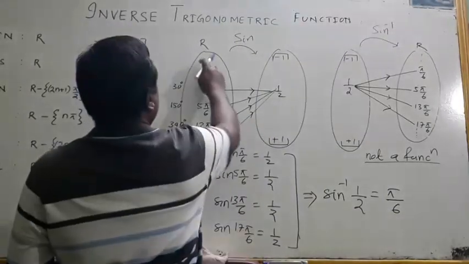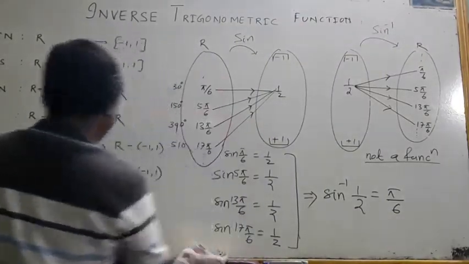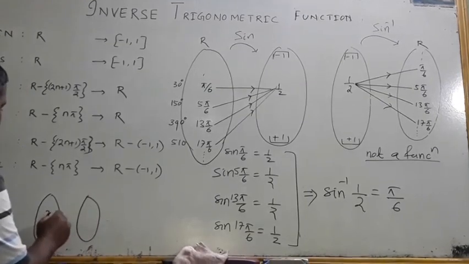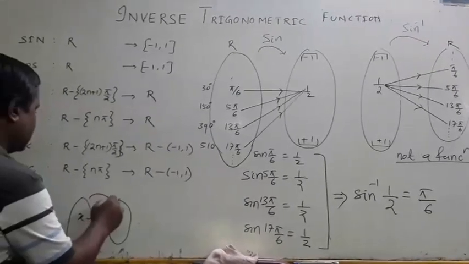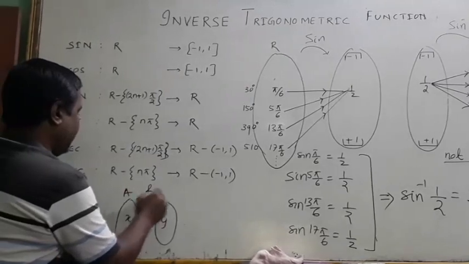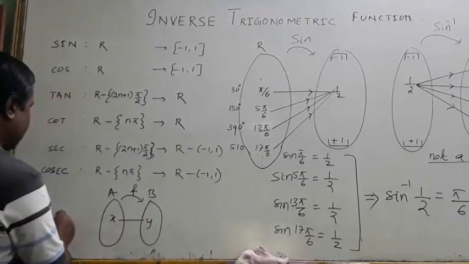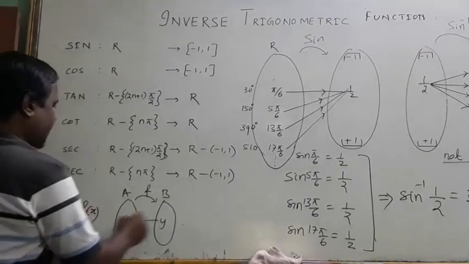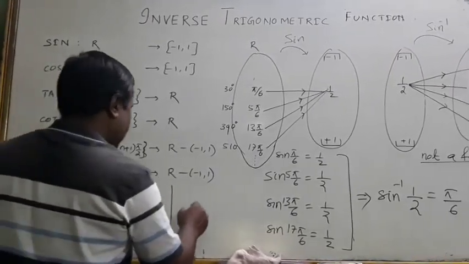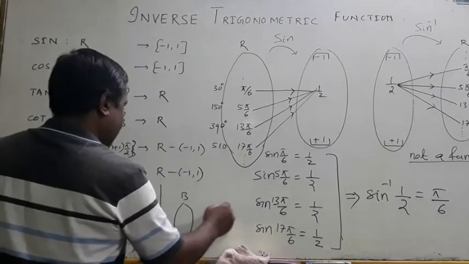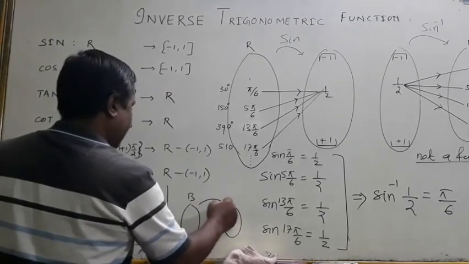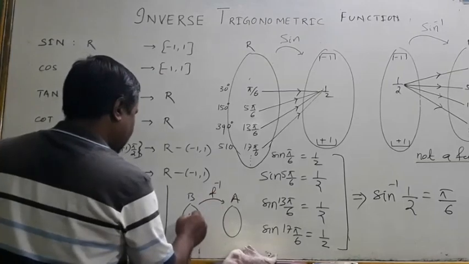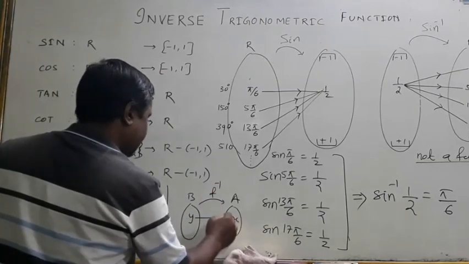As we know that if x is related to y, it is the function from A to B, and it is called y is equal to f(x). And for inverse function, this is set B, this is set A, and this is f inverse, this is y, this is x.